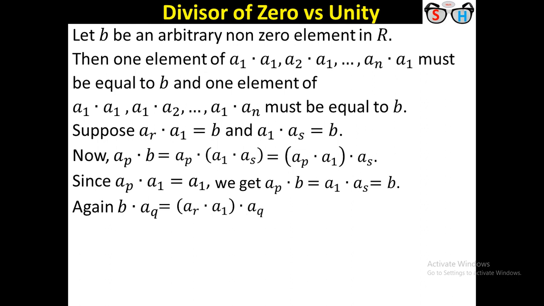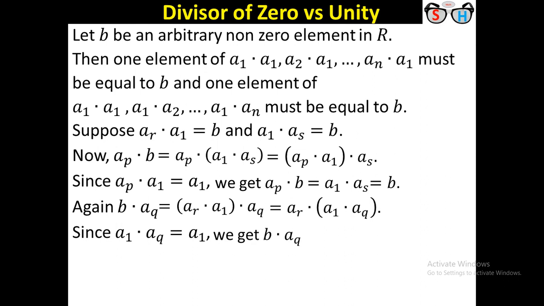Multiplication is associative, so you can put brackets around A1·AQ. In the previous page we know that A1·AQ is A1. So B·AQ is AR·A1, which is B.